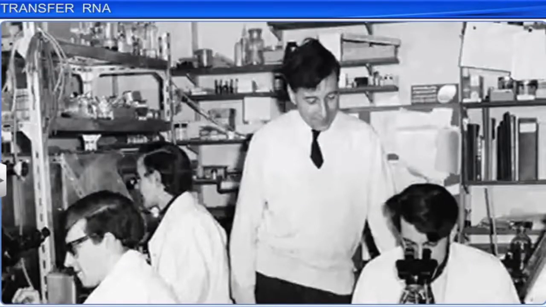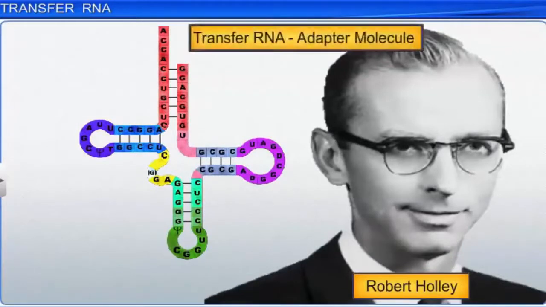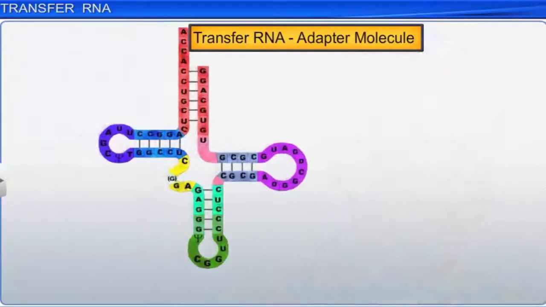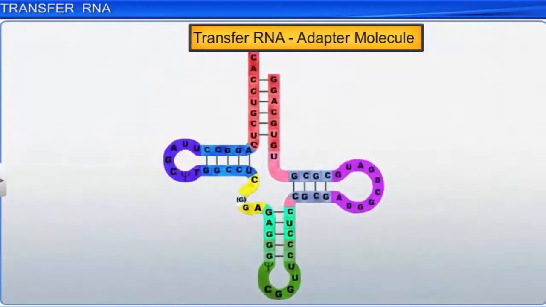Success, however, came to Robert Holley when in 1965 he discovered transfer RNA or tRNA, the adapter molecule, and also worked out its entire chemical structure. Today we know that tRNA, the smallest of all RNA molecules, is made up of about 75 nucleotides.